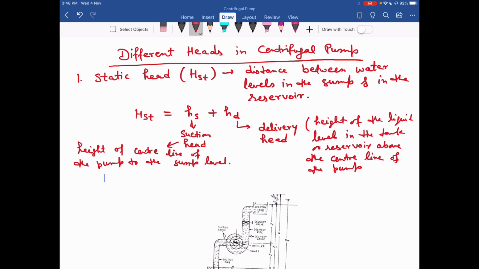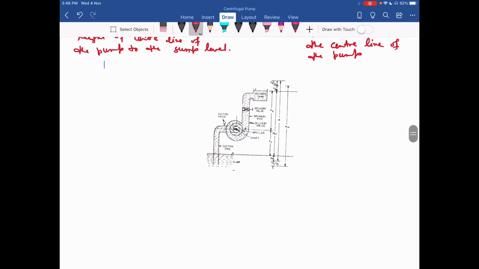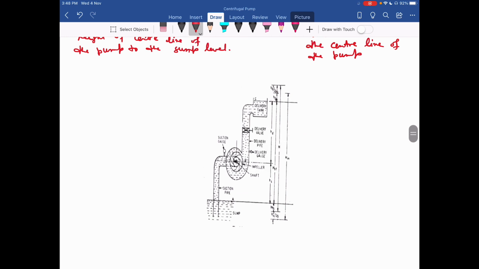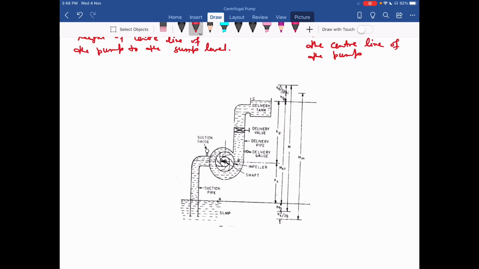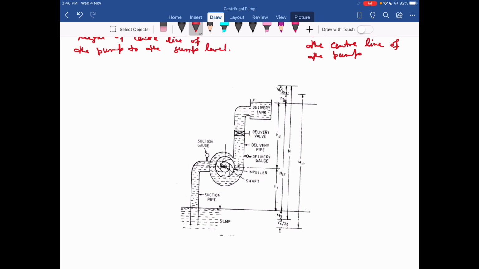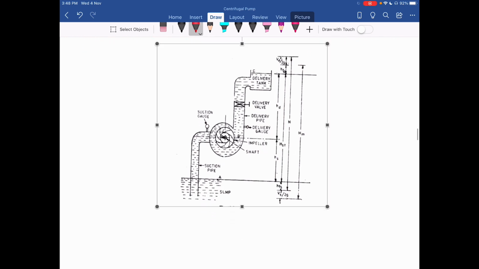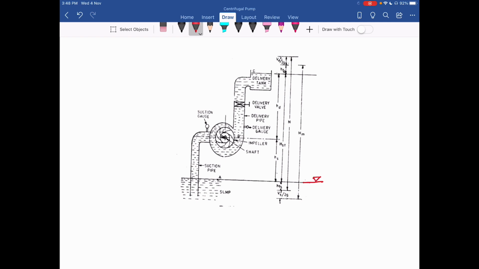Now you can see this diagram. So you can see in this diagram, now this is the sump level, okay, and this is the tank or reservoir level.